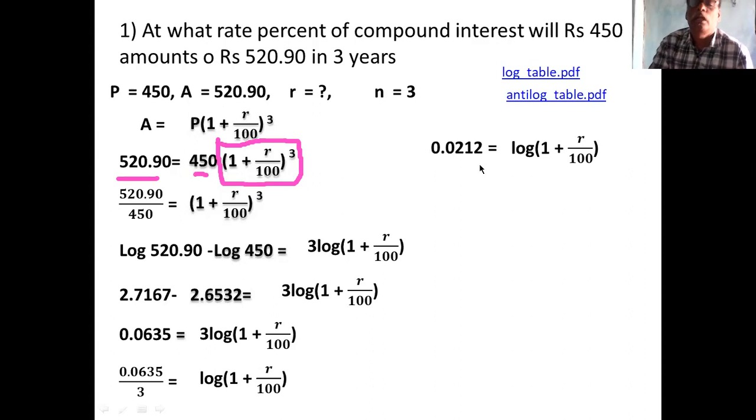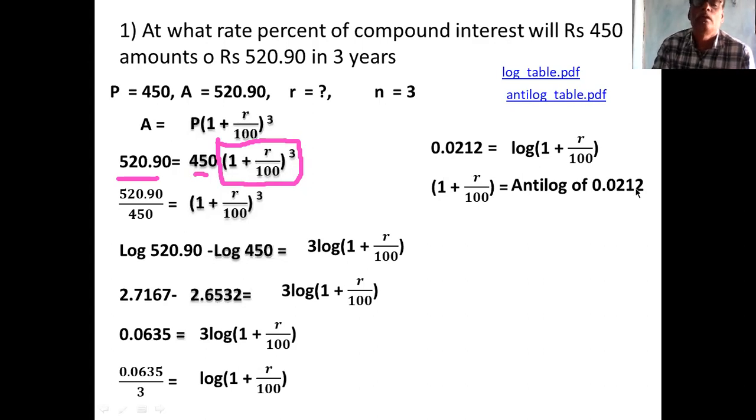Then I will write in reverse, interchanging the values: 1 plus R by 100 is equal to antilog of 0.0212. You see the antilog table.